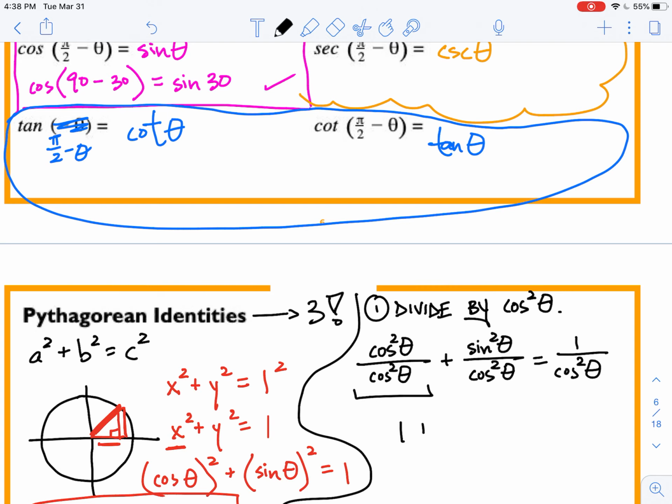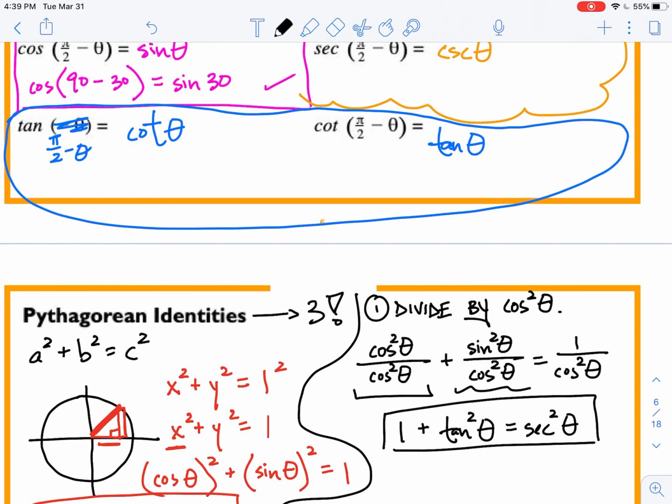Cosine squared over cosine squared is going to give me 1, plus sine squared divided by cosine squared is actually tangent squared. If I think about my reciprocal identity, I can tell that it's going to be tangent squared. And then 1 over cosine squared, if I think about my reciprocal identities, will give me secant squared theta. And so this is my second Pythagorean identity.